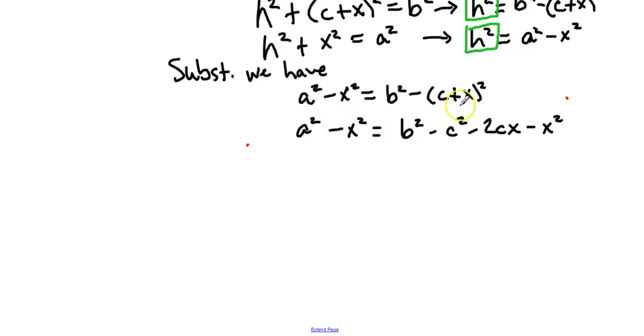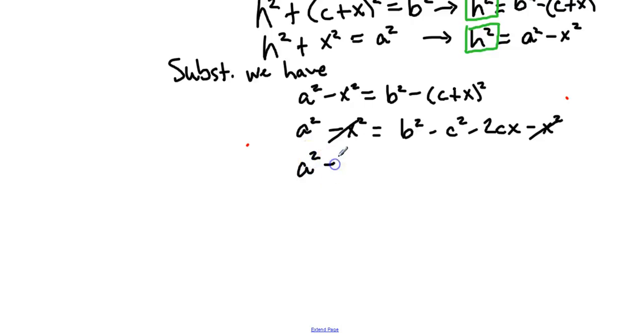So the next step here is we're going to solve for x, so that then we can go up here and plug it back into this formula, and we can find an explicit formula for h in terms of all side lengths. So let's go ahead and do that. Simplifying this, that drops off and that drops off. Let's move all of our terms over that we can.